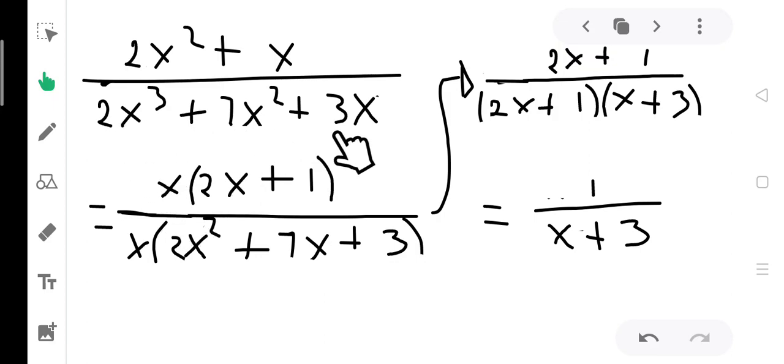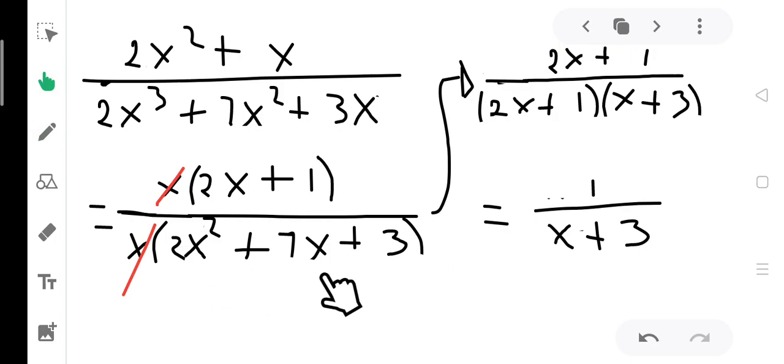And in the denominator, we also have a common monomial factor, that is x. So from this, we can cancel x and x. What remains are (2x plus 1) all over (2x squared plus 7x plus 3).